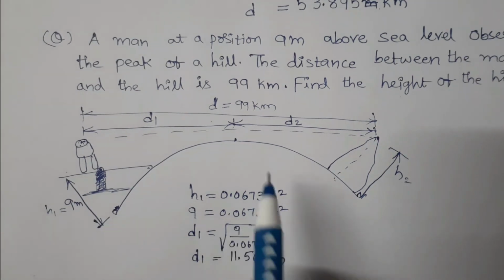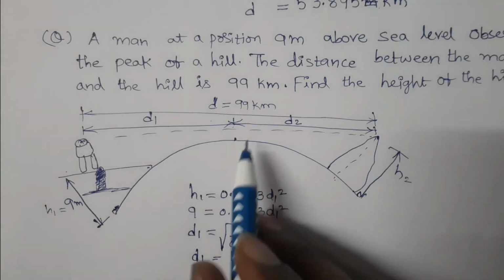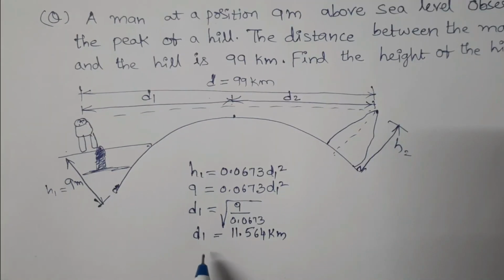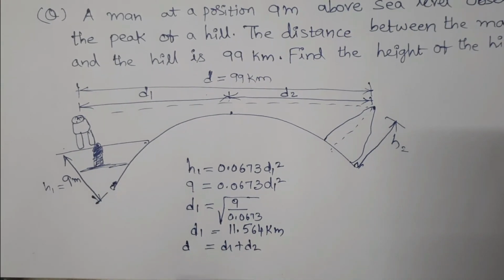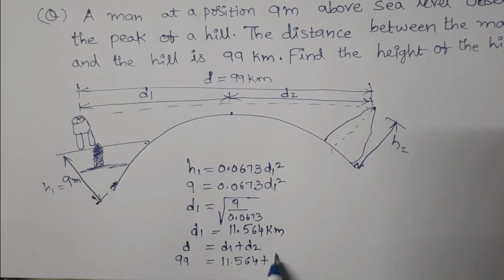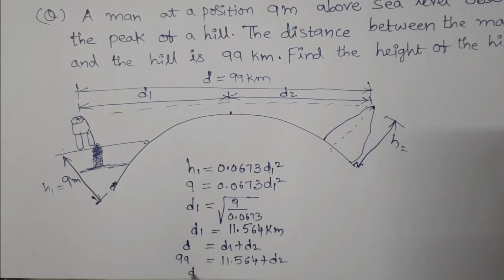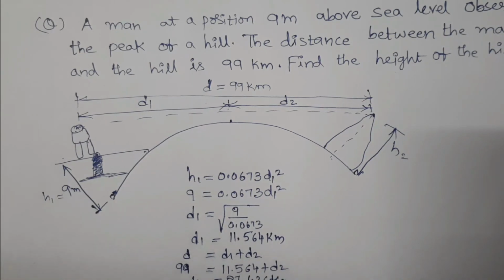Now we have to get this distance D2. We know D is 99 kilometers. D is equal to D1 plus D2. D is 99 kilometers, D1 is 11.564 kilometers plus D2. Therefore, D2 is equal to 87.436 kilometers.